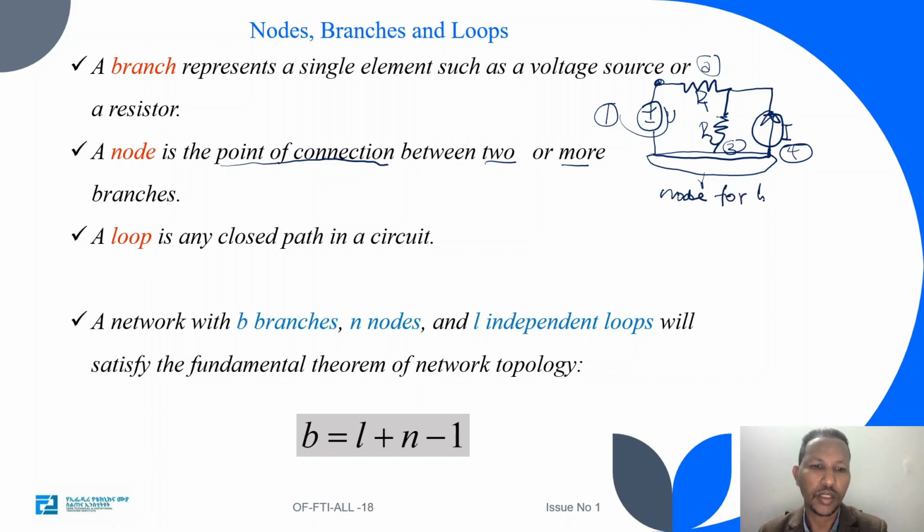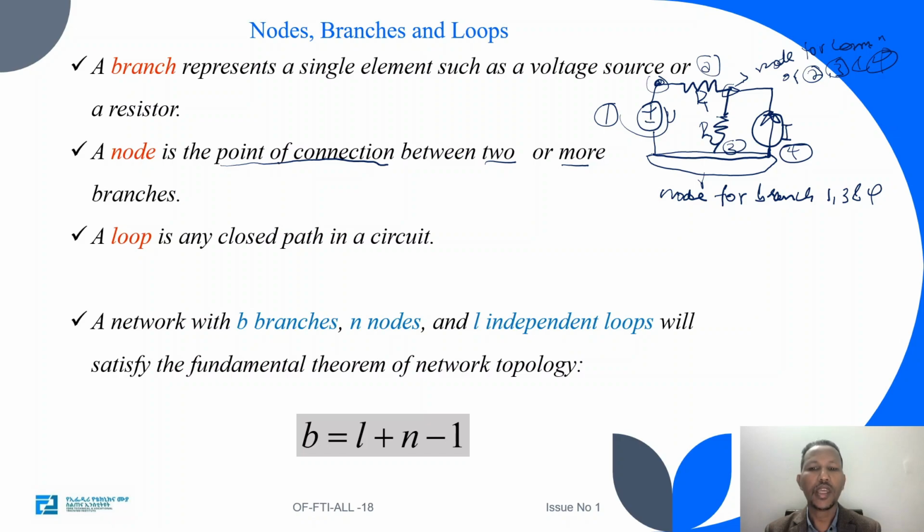This is a node for branch 1 and 2, and this is another node, the connection of branch 2, branch 3, and branch 4. So that's how we can define a node in a circuit.